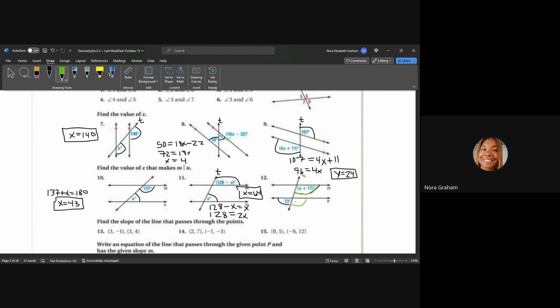So if I find this green area, then it will help me find my x. To do that, I can do 180 minus 73, because that angle plus my 73 degrees will give me 180 degrees. So 180 minus 73 gives me 107.